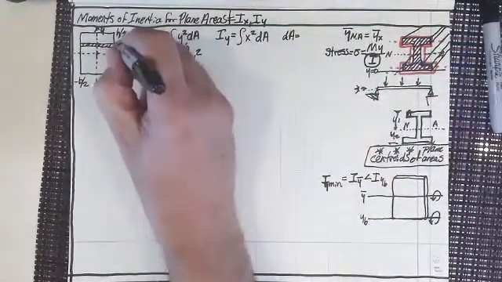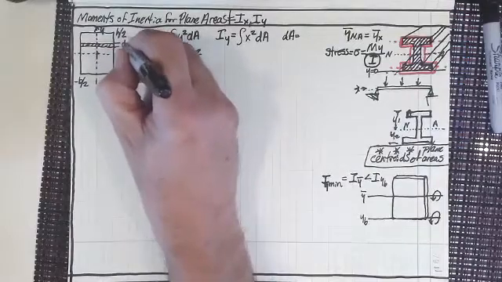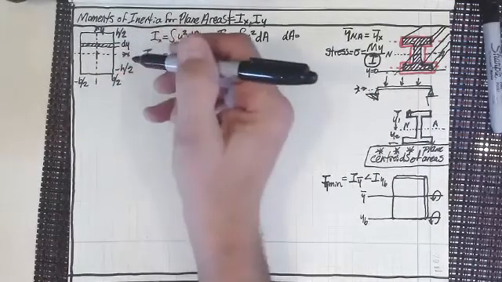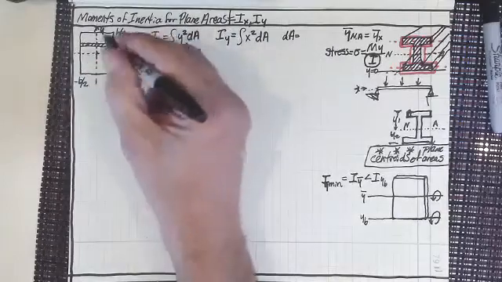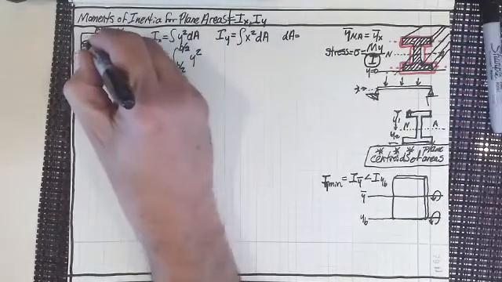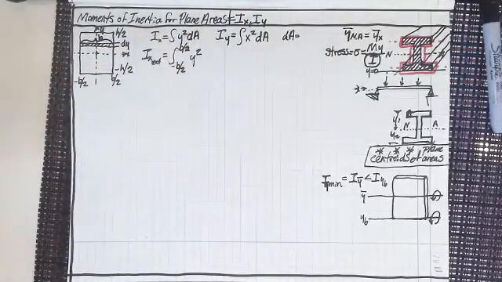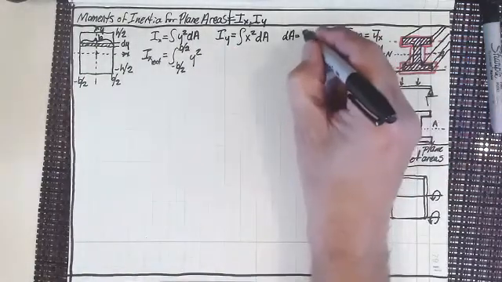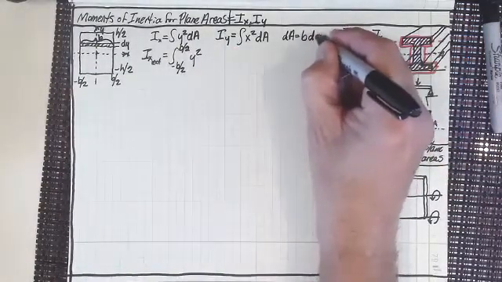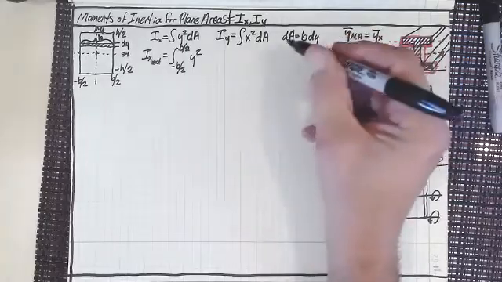And so my dA is going to be dy times b, right? Isn't this distance here, because it's from minus b over 2 to plus b over 2, so that would be b, wouldn't it? Okay, so b dy. Now, of course, that's dA for this.